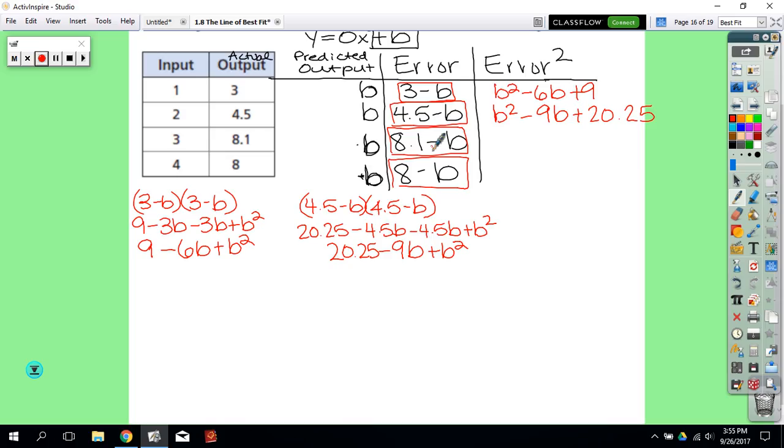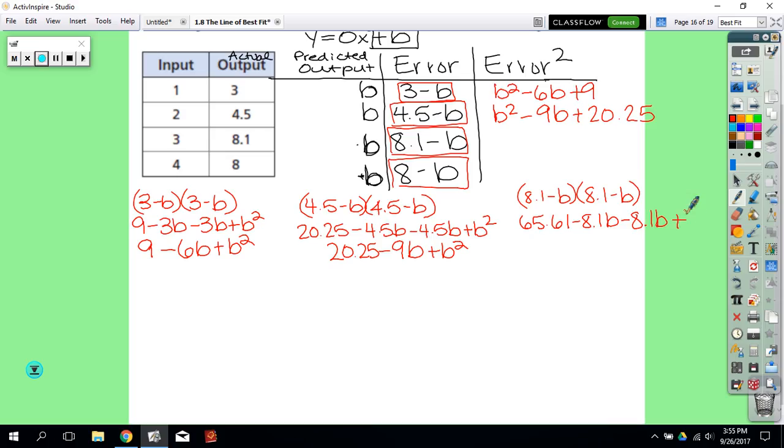Okay, third one, 8.1 minus b, 8.1 minus b. So distribute the 8.1 first. 8.1 times 8.1 is 65.61. 8.1 times negative b is negative 8.1b. Distribute the negative b, negative 8.1b.